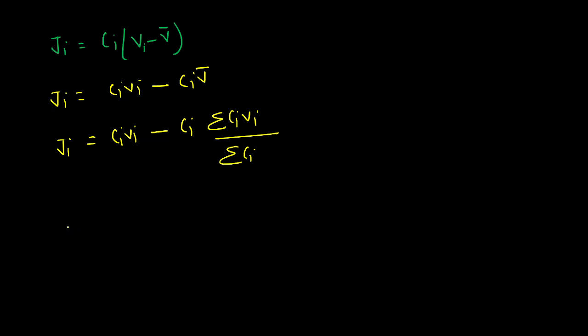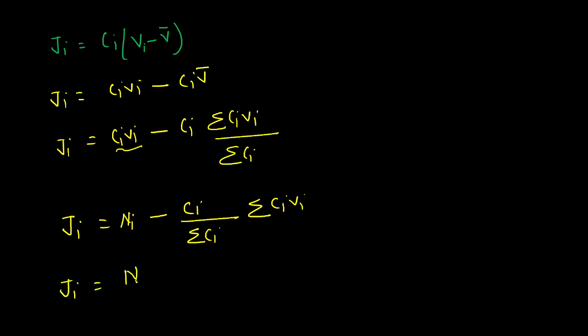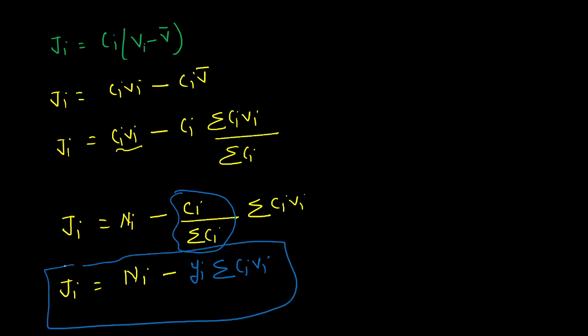Now I can write Gi equals Ni minus Ci divided by summation of Ci, into summation of Ci Vi, right? Now Gi equals Ni minus this term, which you can call the mole fraction Yi, multiplied with summation of Ci Vi, right? So this is our diffusive flux, this is our convective flux.